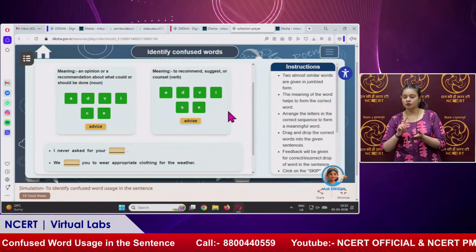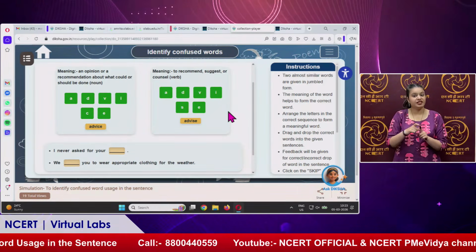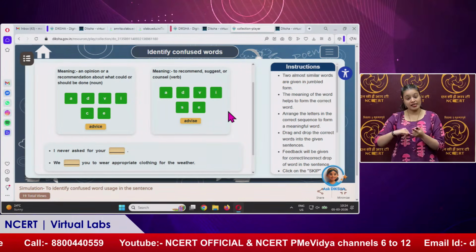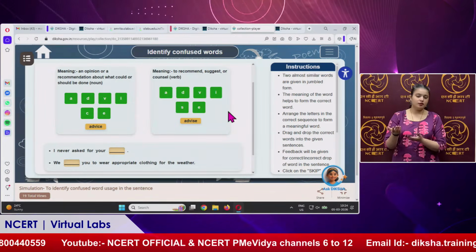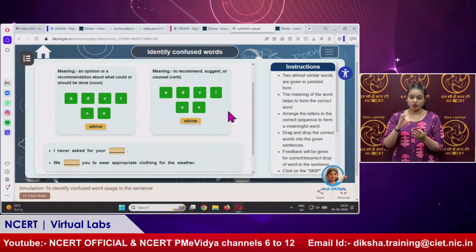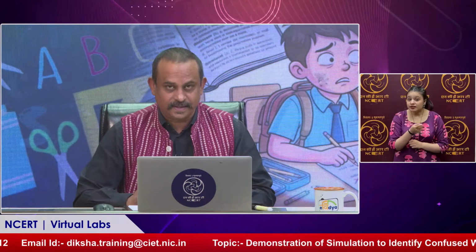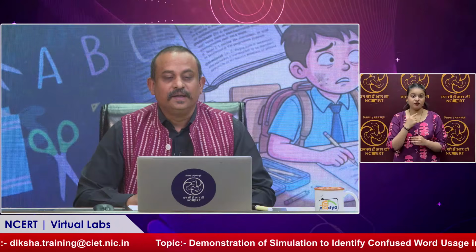Similar is the case of device, CE and SE. There are many words like that. Remember very clearly that CE is the noun form, SE is the verb form. So here it's advice, advise, and also remember that there is a slight differentiation in the pronunciation. Advice and advise, with a Z.